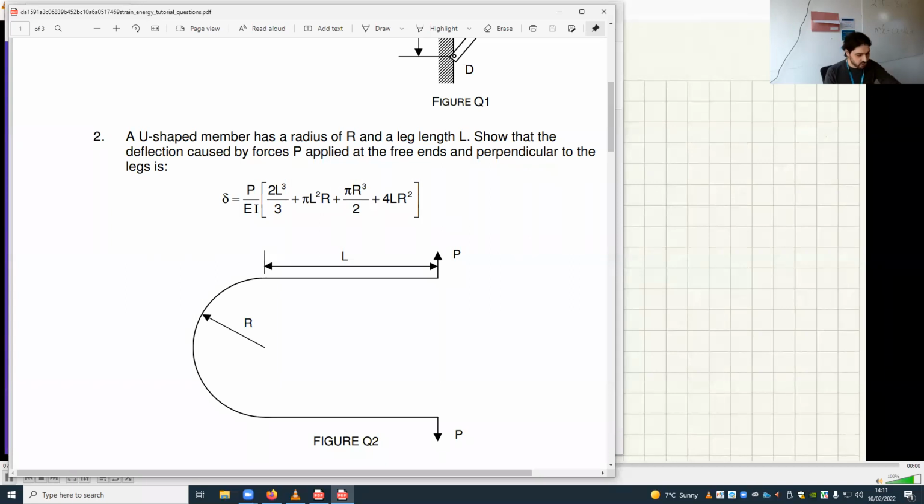All right, so let me draw this on my screen. This is a fixed support. Then we have an arc of a circle, really.